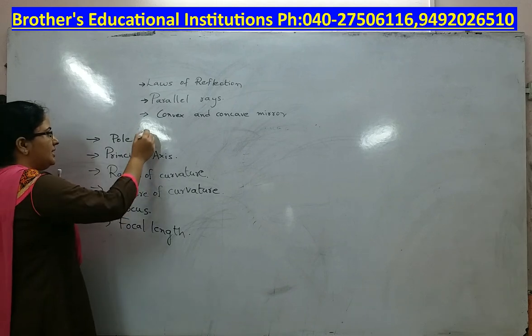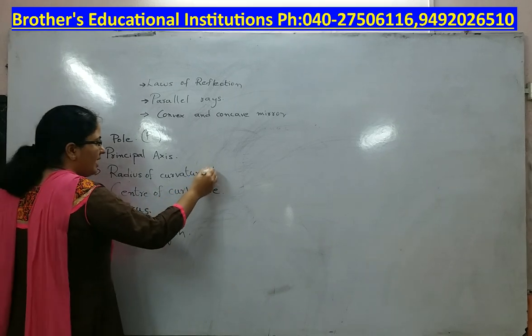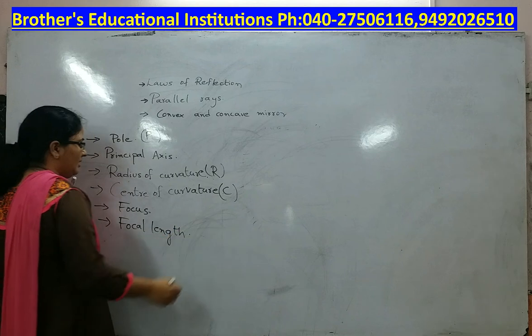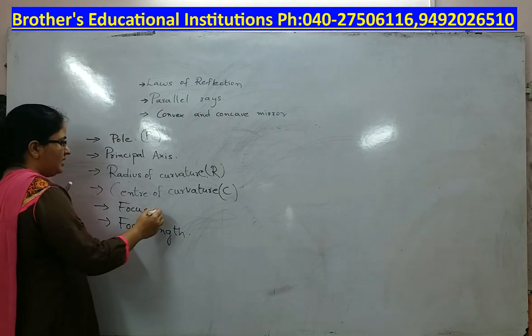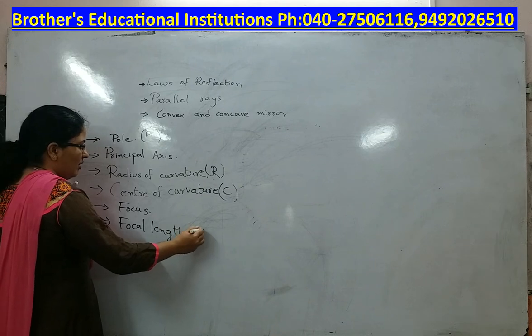Okay, let us look into these terms today. First one is pole. It is denoted with capital letter P. Radius of curvature is denoted with capital letter R. Center of curvature is denoted with C. Focal length is denoted by small f.